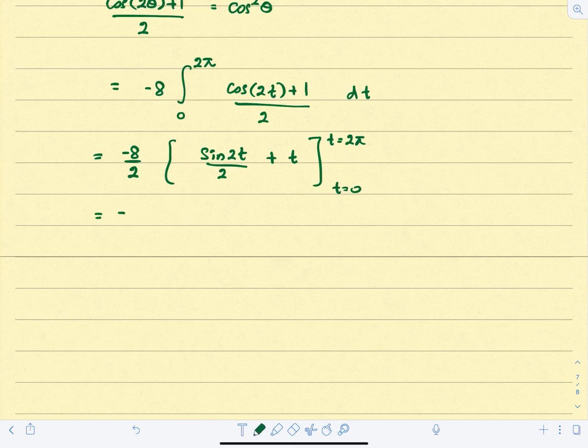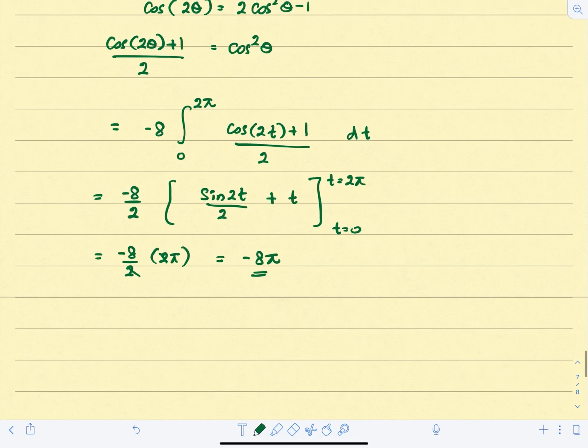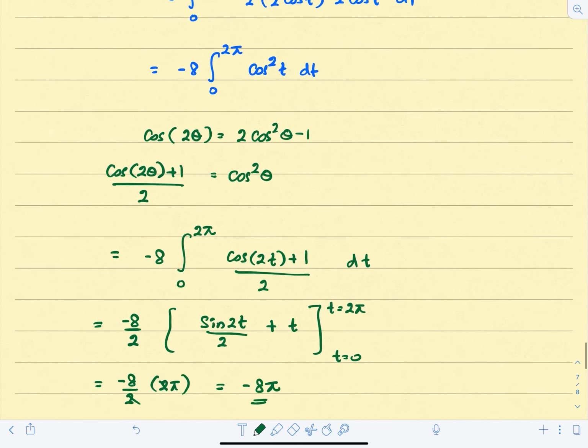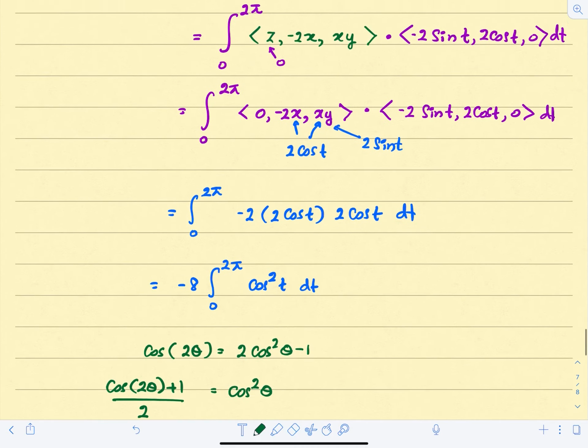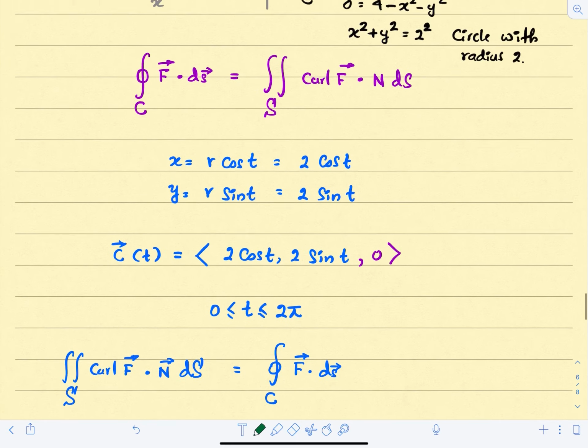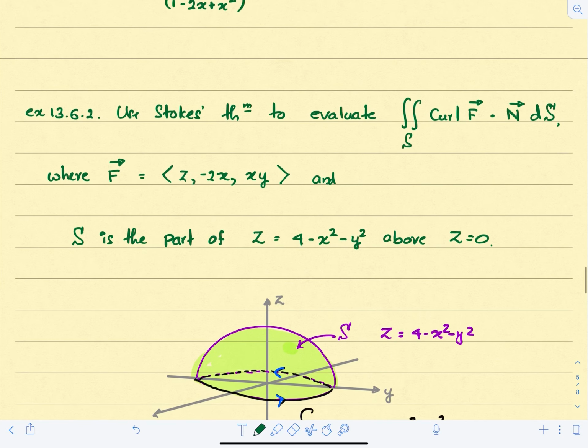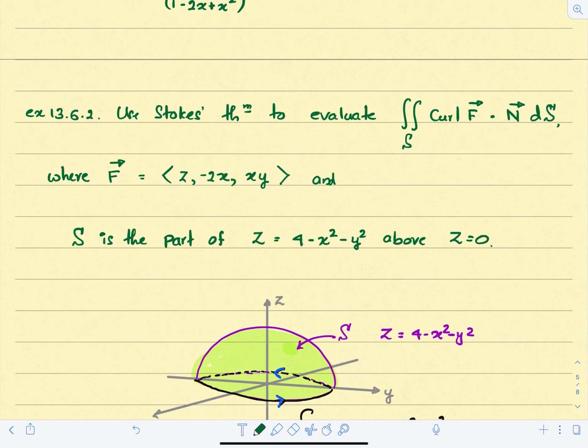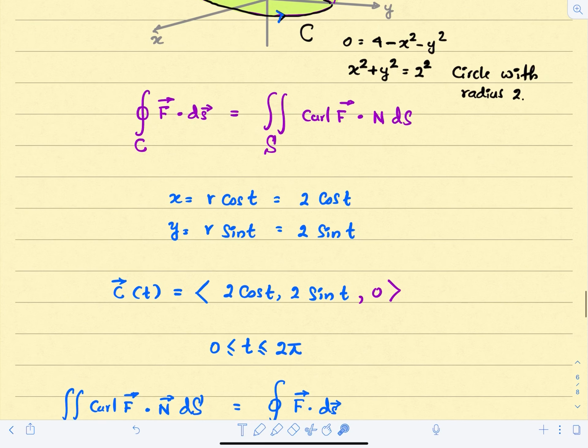So we have negative 8 over 2 times 2 pi, which is the same as negative 8 pi. So here we use Stokes theorem to calculate a flux integral, but this time what we did was, instead of evaluating this flux integral, we consider the corresponding line integral and we solve this line integral.